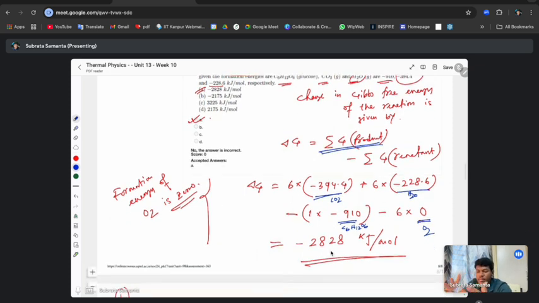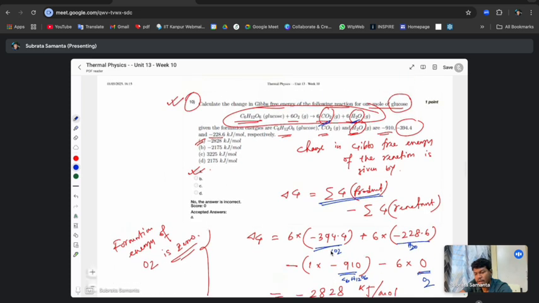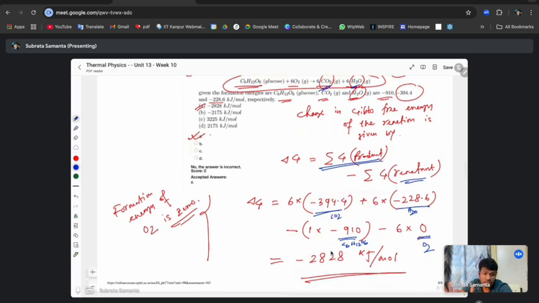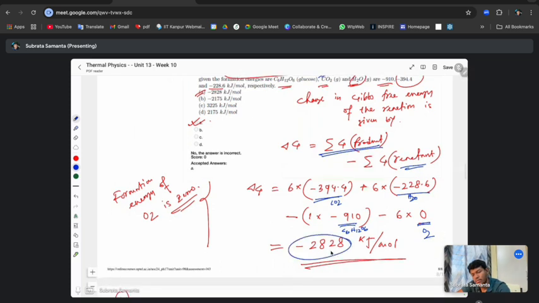And minus the sum of the reactants, that is basically the change in the Gibbs free energy. Where you use the formation energy of O2 is 0, that is information that is not given, so you have to use that. Any question?